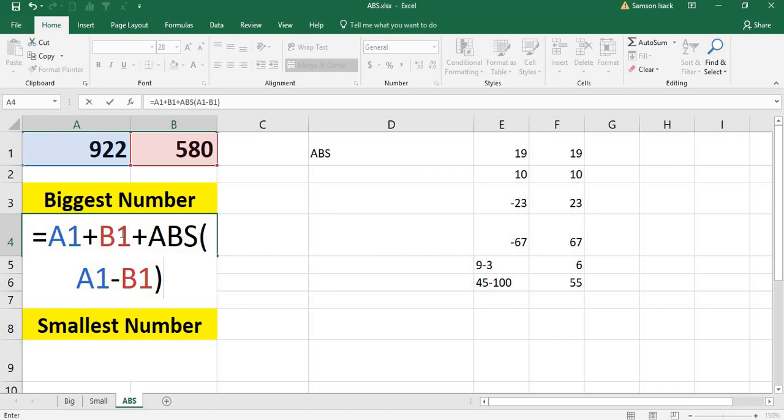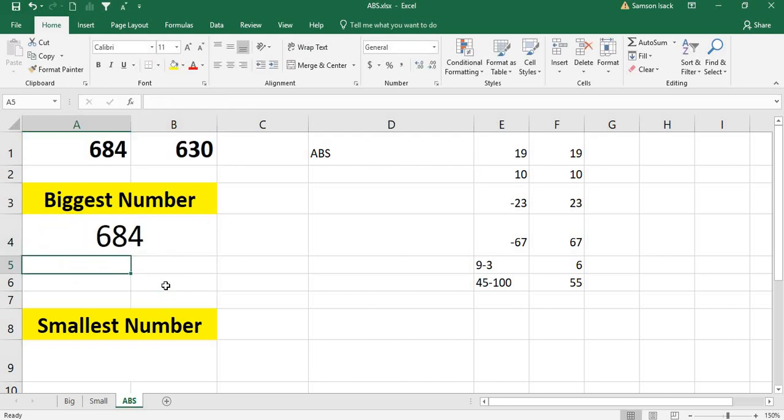In case A is the smaller number and B is the biggest number, then I add the difference between A and B to A, and this will also become the biggest number. Then again I get 2 times the biggest number, which is B. So this formula gives you 2 times the biggest number. So I simply divide this by 2, then it is going to be the biggest number.